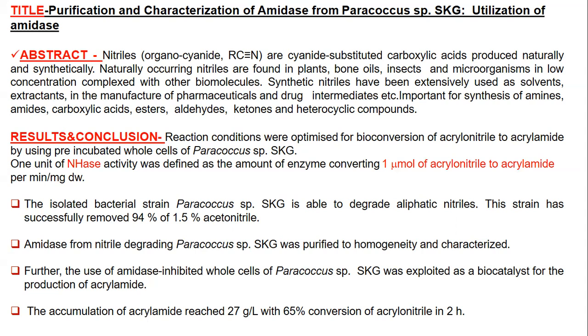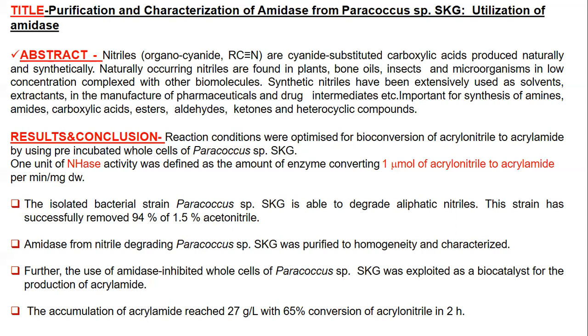So they isolated a Paracoccus species which is able to degrade aliphatic nitriles. This strain was successfully used to remove about 94 plus or minus 1.5% acetonitrile.